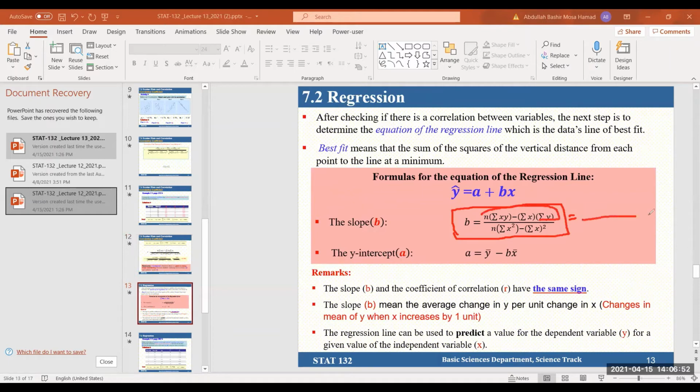N is the same. For this, just the square root of the same thing, multiplied by the square root of the same with y instead of x. Let's compare R with B. B is the slope.